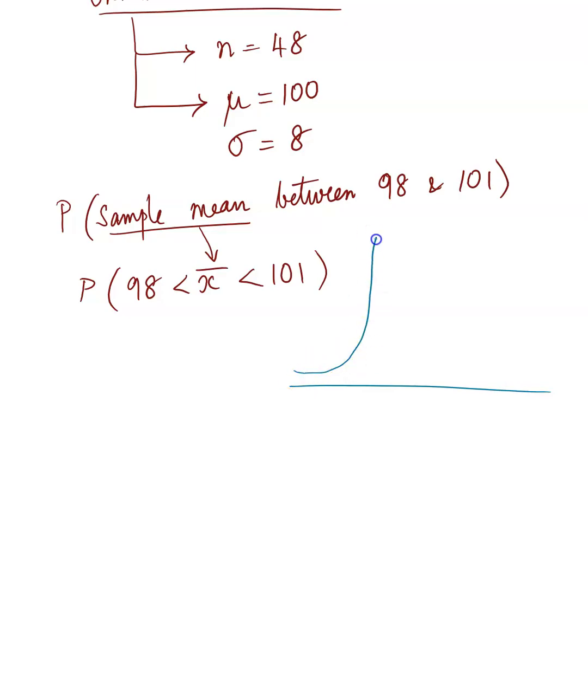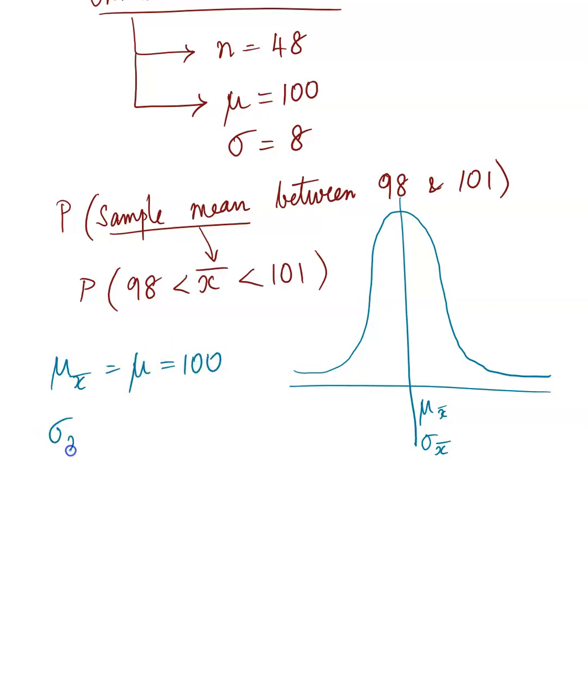This is x bar, so I'm expecting a pointier peak than the sigma, right? The sigma is 8, so the original distribution would be more spread out, but this one's going to be narrower. So mu x bar and sigma x bar would be in this distribution. So let's find out what mu x bar is. Mu x bar is the same as mu, which is 100. Sigma x bar is the same as sigma, but with a root n in the bottom.